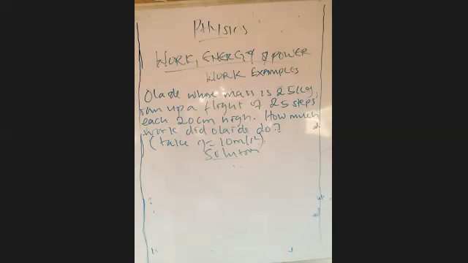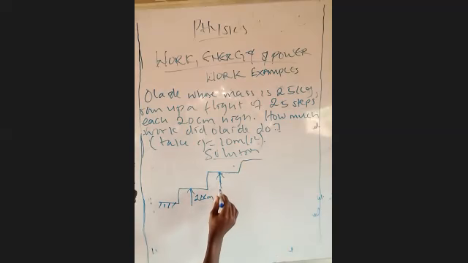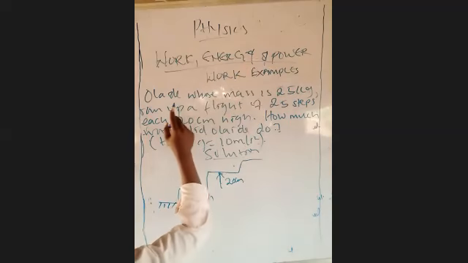That is simple. Let me just make a graphical representation like this. So let's say that this is the height that Olaide climbed. From each step to the other step is 20 centimeter, according to the question. Another step like this is also 20 centimeter, till the 25th step, and that's what they are trying to explain here.